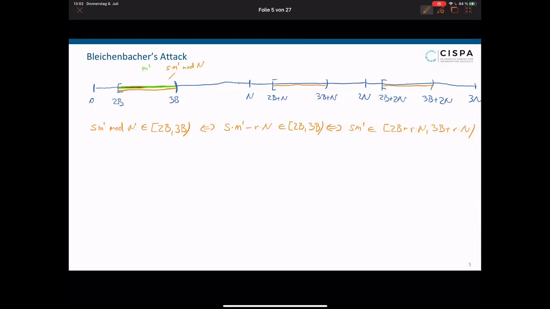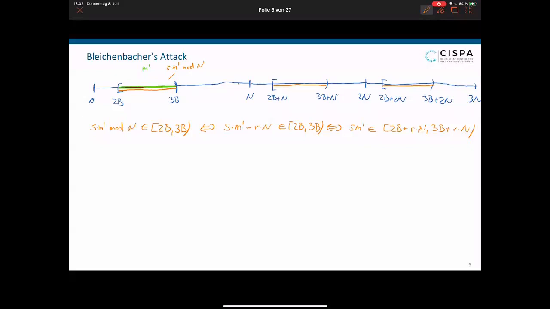If you choose a random number, then with constant probability you land in this interval. So if you choose S somewhat random, or if you try a few, then with very high probability, very soon you will get such an S.